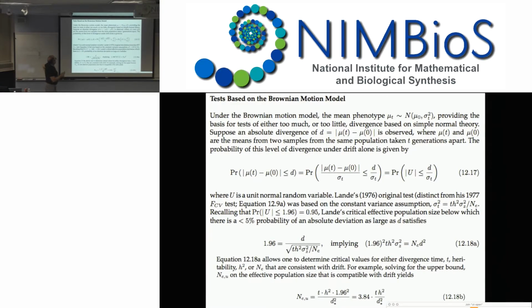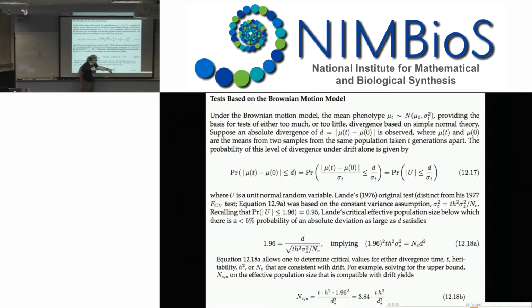So under the Brownian motion model, you can basically figure out what the critical values are. And Landy had basically a one-tailed test, too much absolute divergence. You can then plug it in and show the critical value is given by 1.96. So the bottom line here is what's the lower bound on the effective population size, above which there's too much divergence to account for drift?